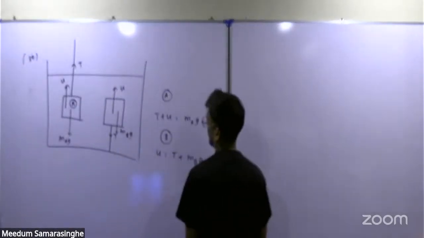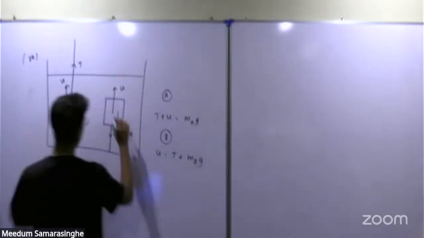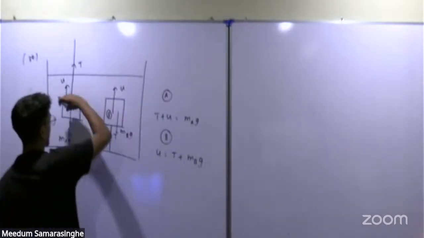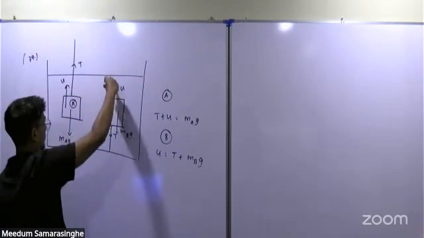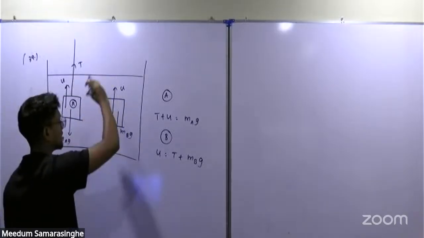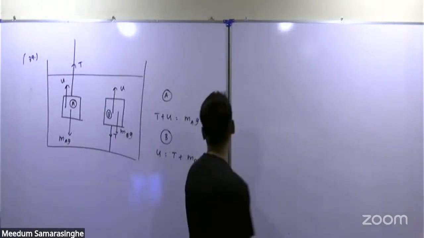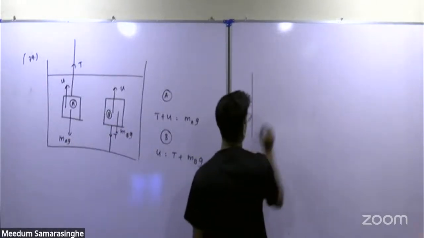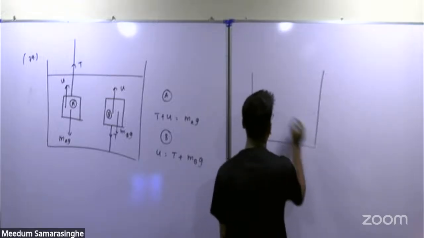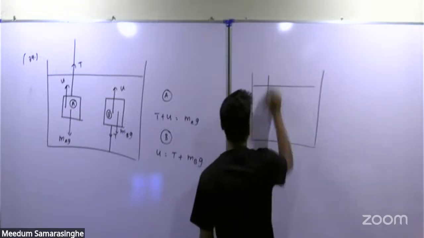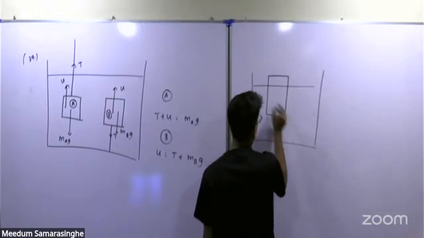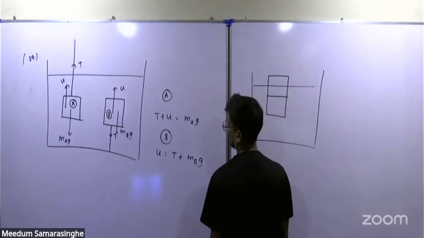Now you are going to place this A on top of B and insert it into the liquid. We need to find the correct location of the combination. This is water, same density, and these are the two cylinders.